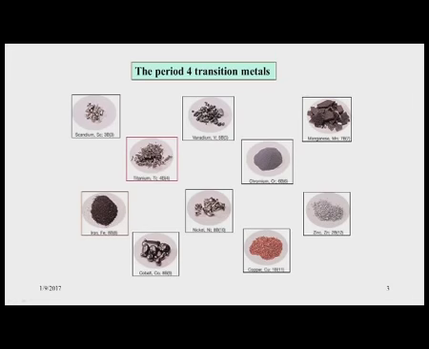Zinc has the 3d10 arrangement. Zinc granules and zinc powders are very important for understanding its positioning, whether it is a transition element or not. Zinc is not a transition element, because in the elemental or metallic state it has the electronic configuration of 4s2 3d10.